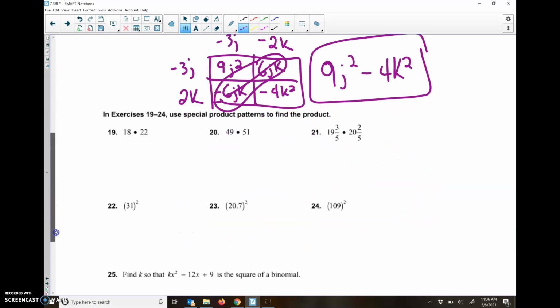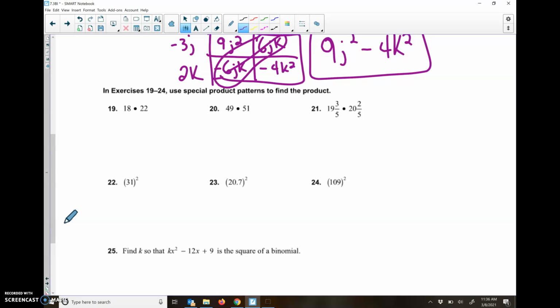All right. And then 19 through 24 here, they're just trying to help you figure out a way to multiply these numbers easier. Most of you would probably grab a calculator for this, but there's a simpler way to do it, and I'll talk about this more in class. I wouldn't multiply 18 times 22 in my head, but I could multiply numbers like 20 and 20, and they're really close to each other.